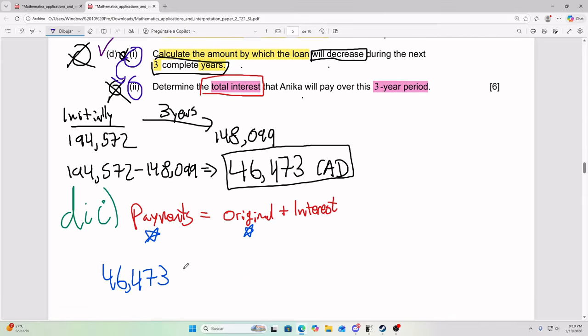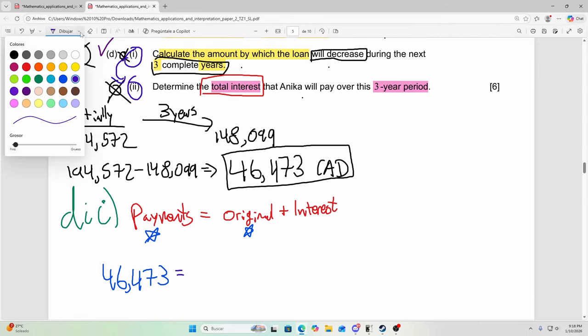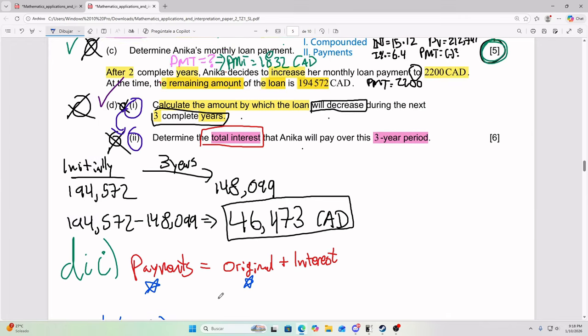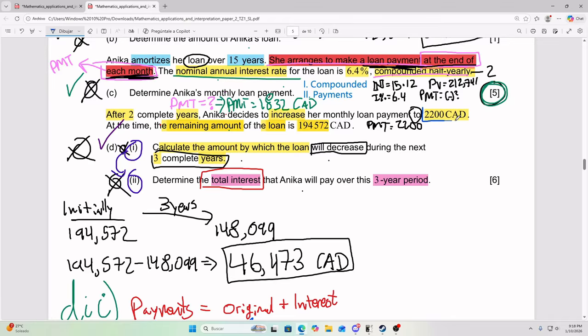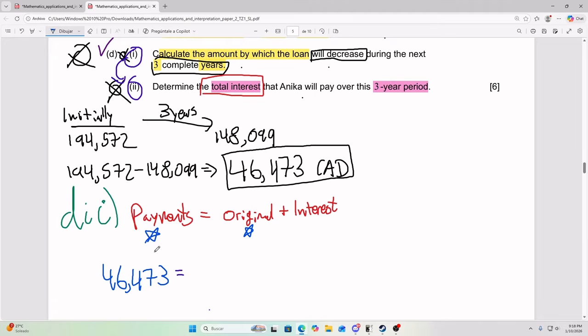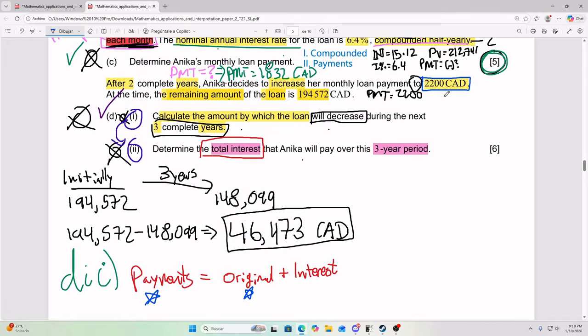So it makes sense that those were your payments. Then our original payment was this famous PMT that we added onto it. So this $46,473 were your payments, and part of it was this PMT.